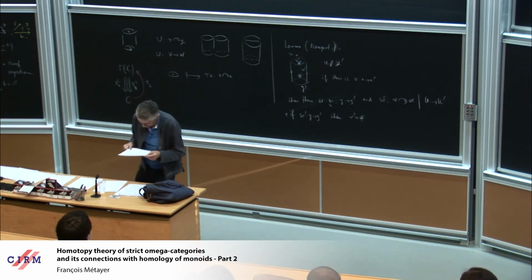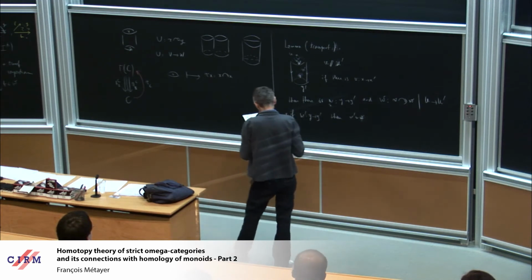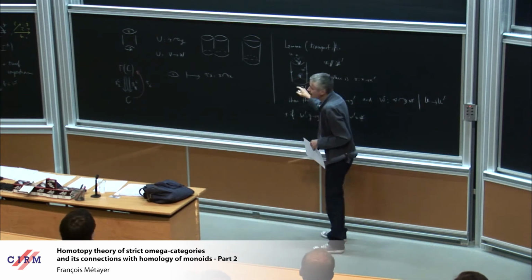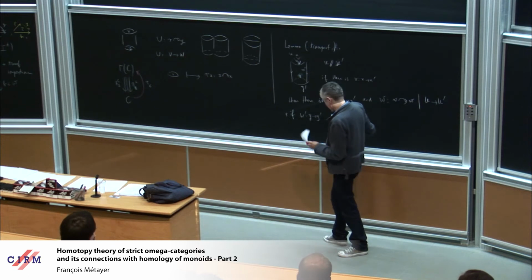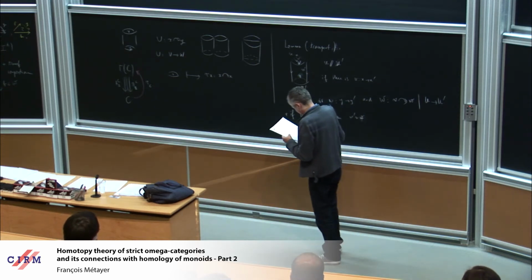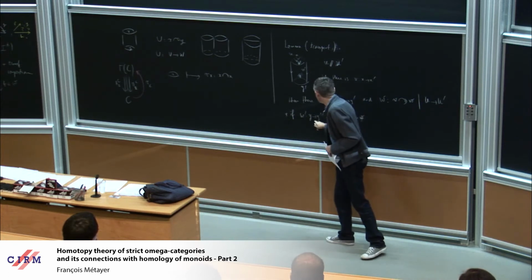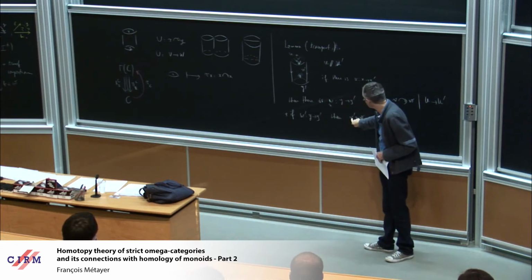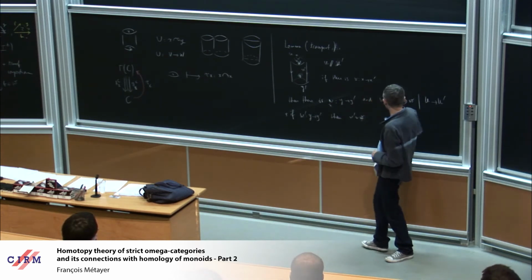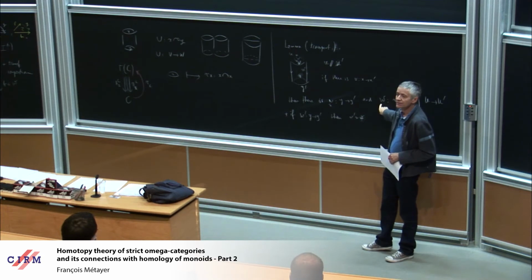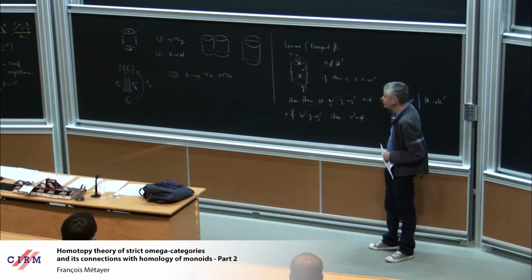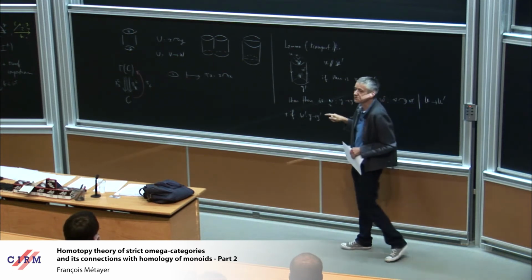Yes, and again, if you take a cell w prime, omega equivalent to w, then there is a big cylinder W prime, which is omega equivalent to W in the category of cylinders.